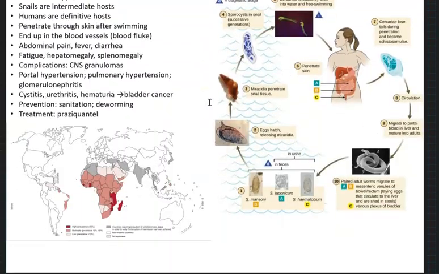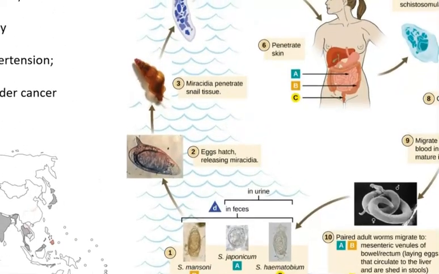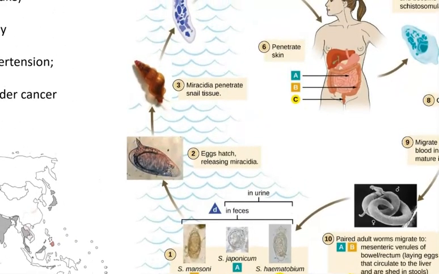Now let's talk about some flukes. So first is schistosoma. There are multiple species of it. The life cycle, since it's a cycle, it's really silly to say it starts, but nevertheless, it starts with eggs that are passed by humans in the urine or in the feces.